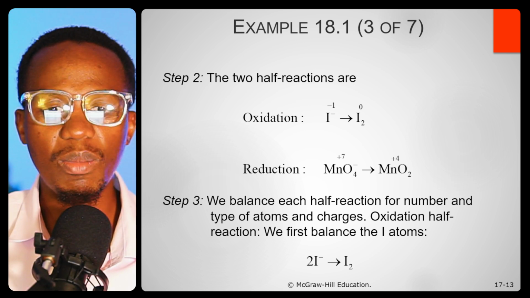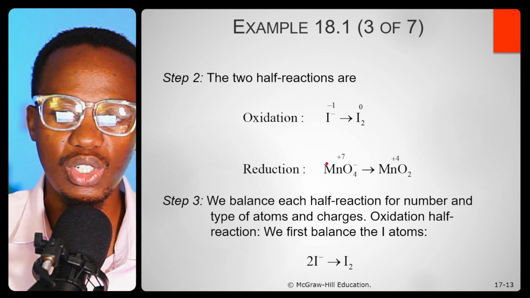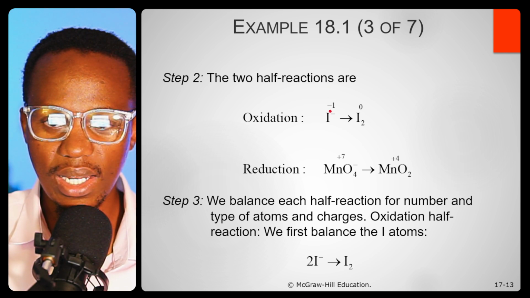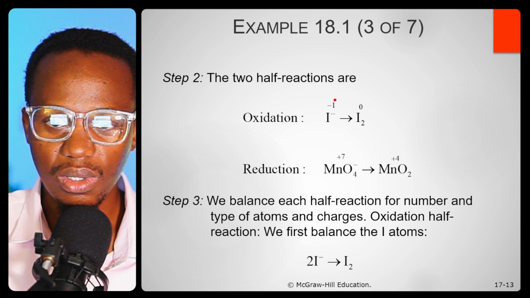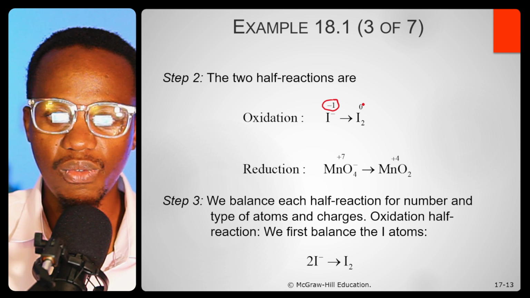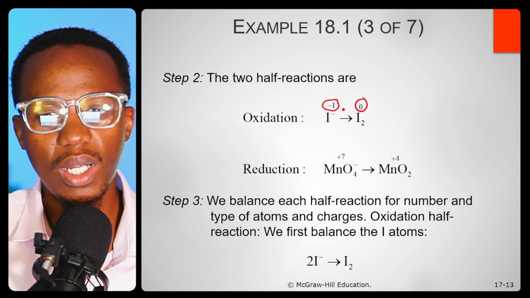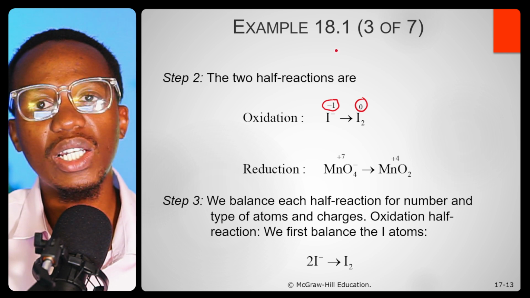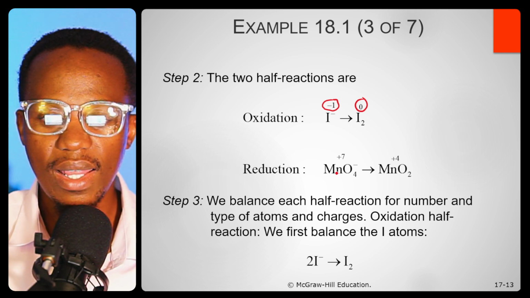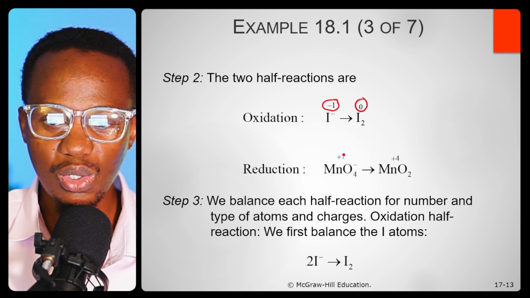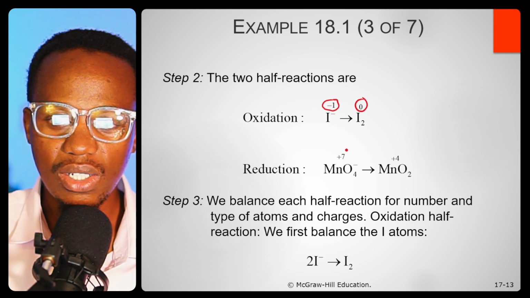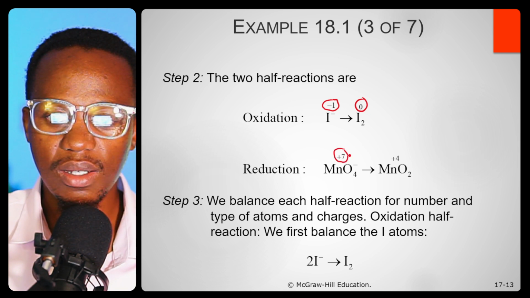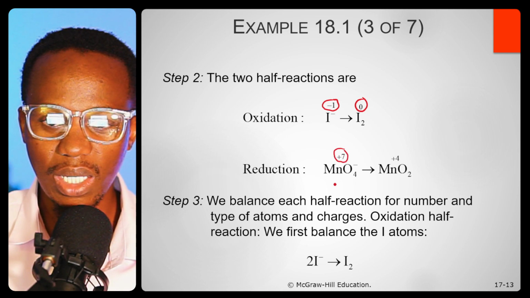So I negative going to I2, going from -1 to 0, we are losing an electron, so it's an oxidation. And then you should be able to by now calculate the charge on Mn. It is +7 here.